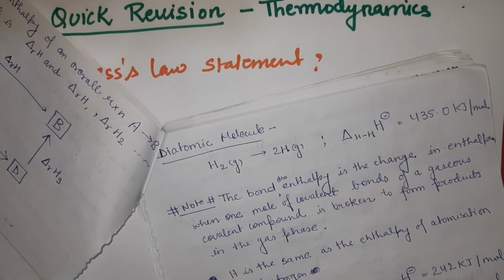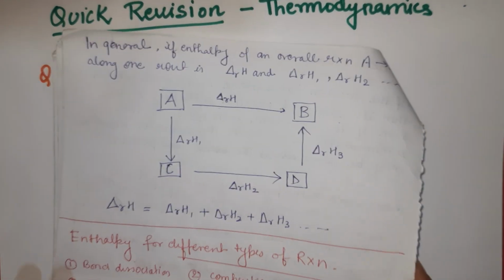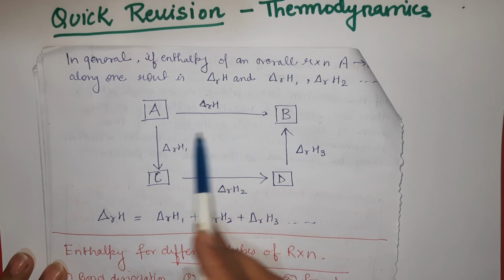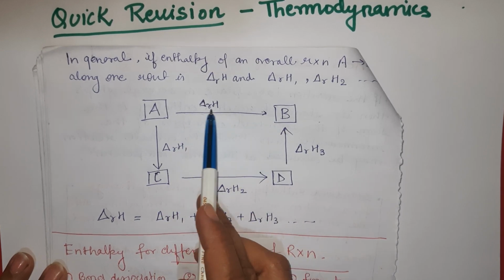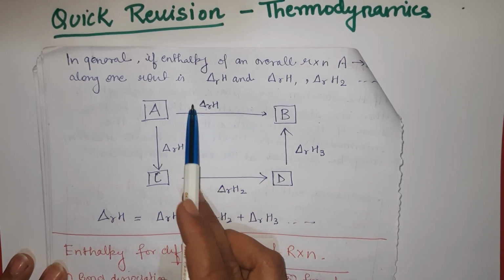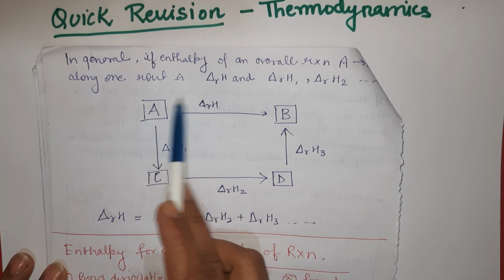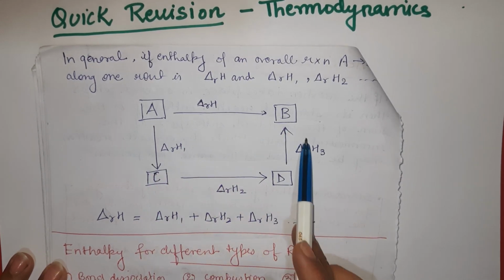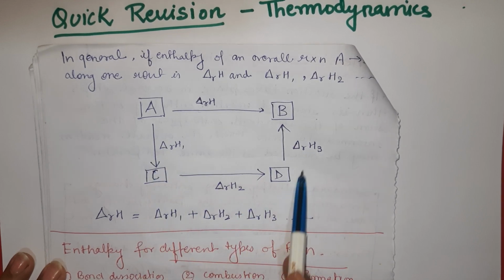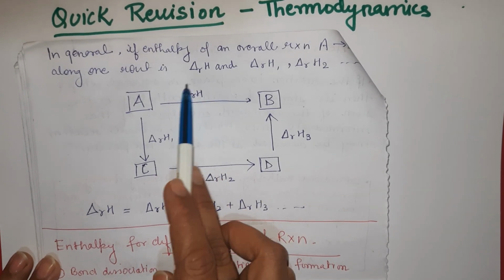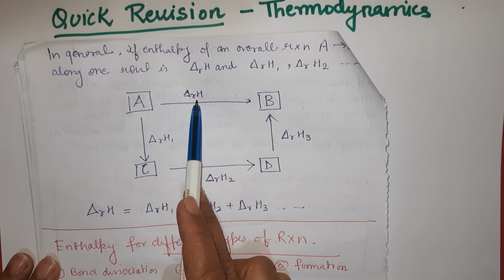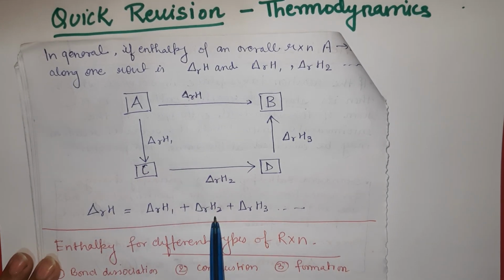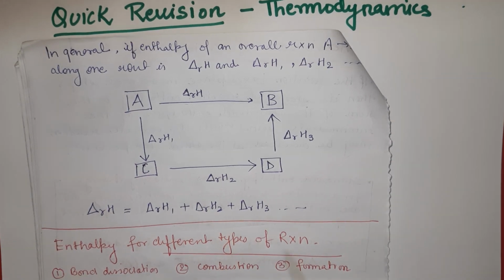What they want to say is that if a reaction takes place, say A converting into B, and the enthalpy of reaction delta rH is this, and if the same conversion is taken through various steps, the sum of these steps is equal to this one step. Here you can see delta rH equals delta rH1 plus H2 plus H3. This is the Hess law.